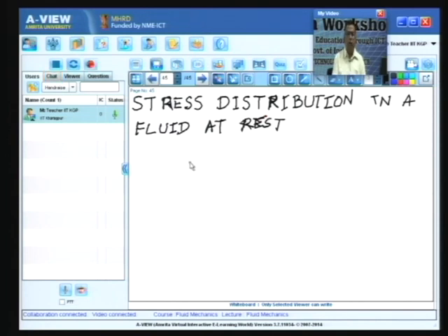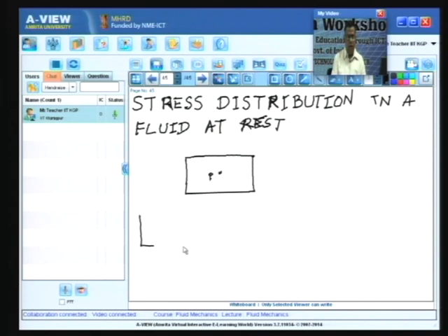Now, let us consider an element of fluid which is in the form of a rectangle. And let us say you have a point P. So, we will show the coordinate system.